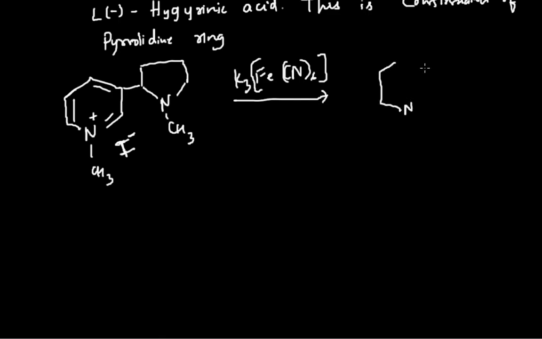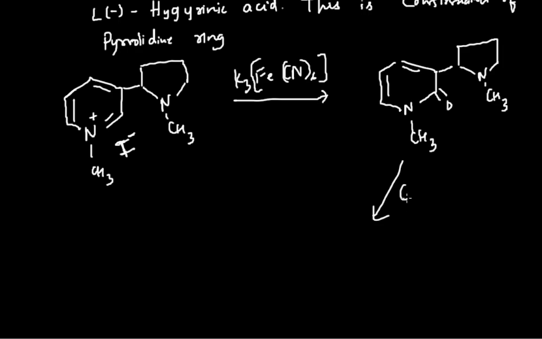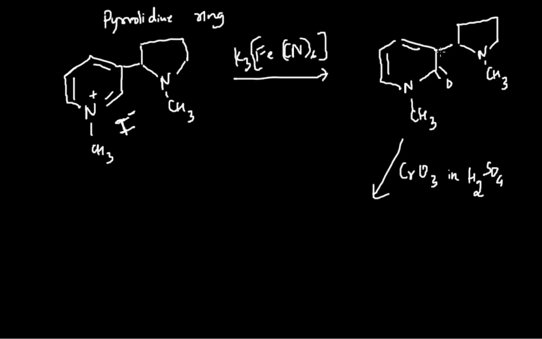What is the structure of nicotinone? This in presence of CrO3 in H2SO4 gives L-hygric acid.